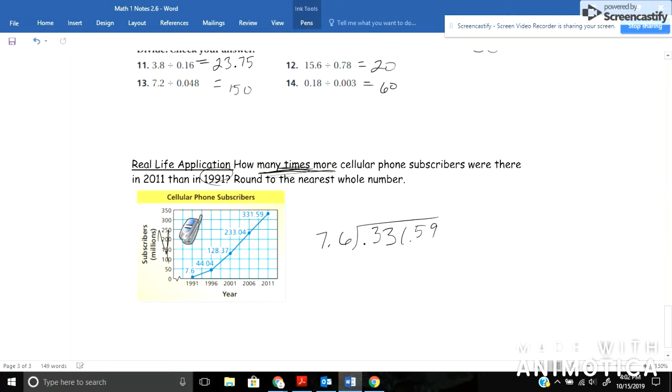If you remember, make your outside number a whole number. So move it 1 spot in both the divisor and dividend. So that gives me 33159, and my decimal would go here, divided by 76.